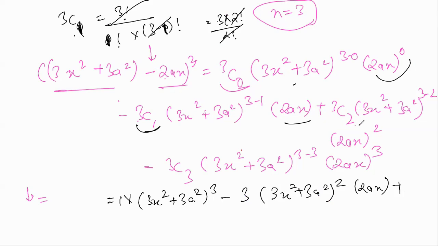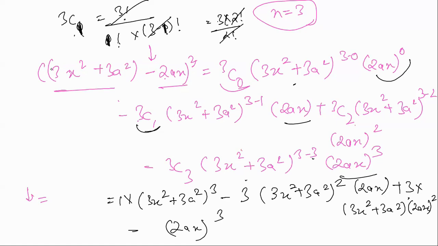Then 3C2 is equal to 3C1 only. So 3 into (3x² + 3a²), and (2ax) raised to the power 2. Then next is 3C3, which is equal to 1. Something raised to the power 0 is 1, so I don't have to write it. So I will write the final term, which is (2ax) raised to the power 3.